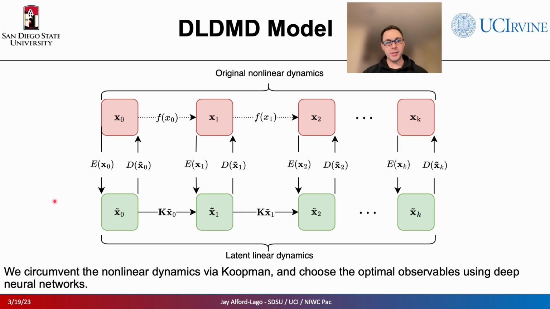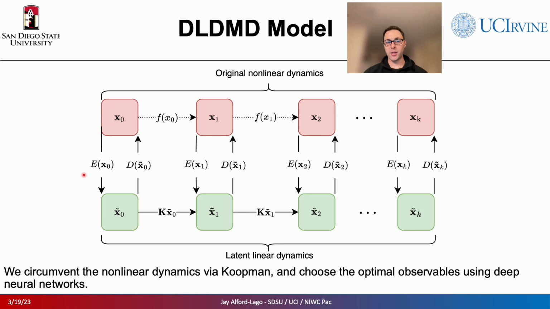We see this in a diagrammatic form where we have the data that we've recorded of our system in red up above. These are the original nonlinear dynamics evolving according to this unknown function f.